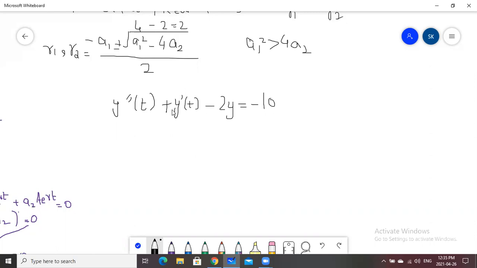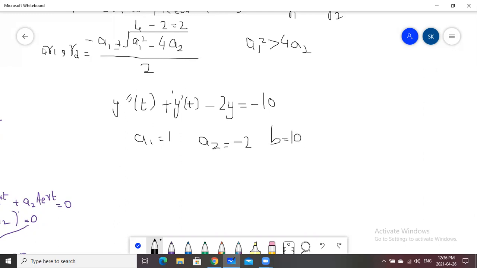These are the two coefficients, A1 and A2, and this one is equal to B. The value of A1 is equal to 1, the value of A2 is equal to minus 2, and the value of B is equal to 10.